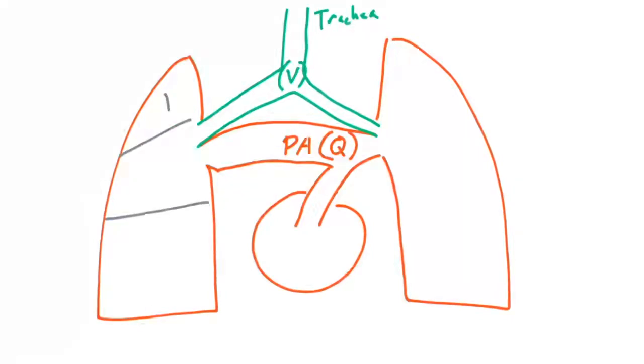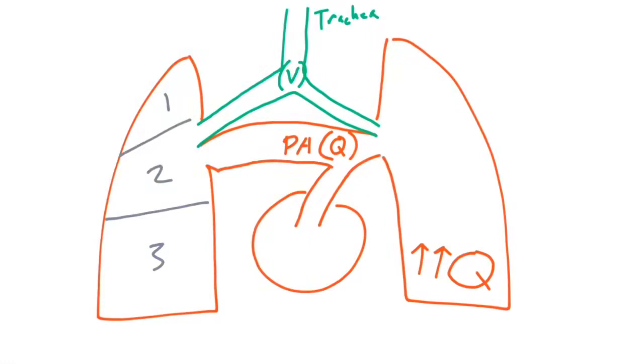So we'll have 1, 2, and 3. Due to gravitational forces and the low pressure with which the right ventricle pumps blood into the lungs, perfusion Q is highest in the base of the lungs. So we'll draw a big Q for perfusion and two up arrows, signifying the high perfusion to this part of the lung.